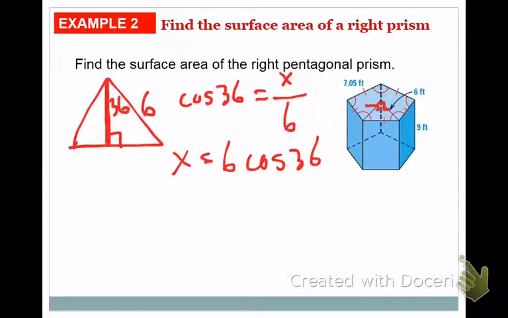What'd you get? 4.85? Okay, so the apothem equals 4.85.